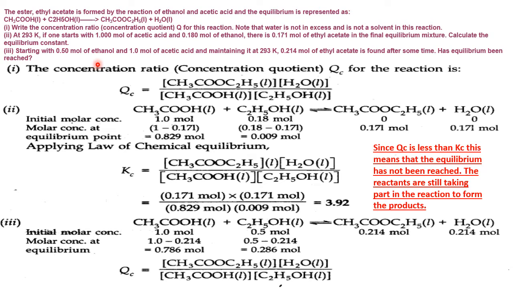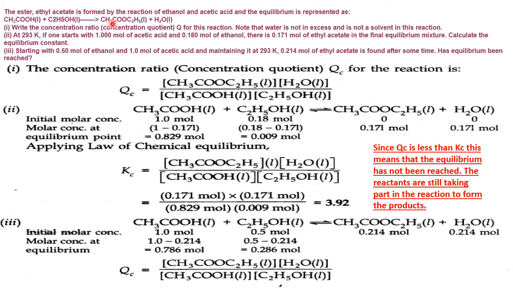So let us solve stepwise. Our first requirement is the chemical equation, already given here. Using this chemical equation, the first question is to write the reaction quotient Q. Q is the same form as the equilibrium constant.